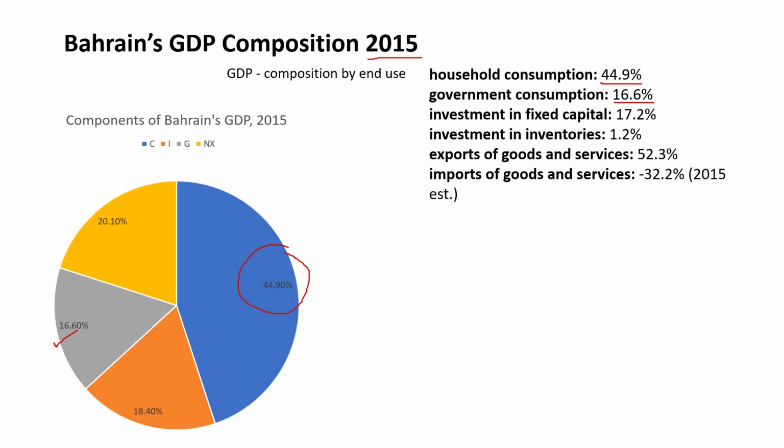Both investment in fixed capital and investment in inventories are part of investment, which add up to 18.4%, the orange area. And finally NX, which is net export. Basically it's imports deducted from exports, so we deduct 32.2% from 52.3%, which is 20%.